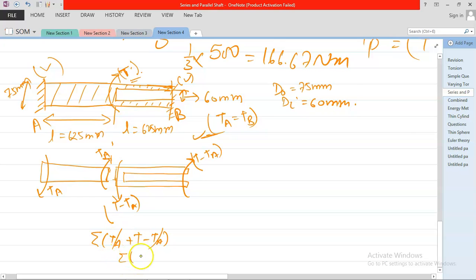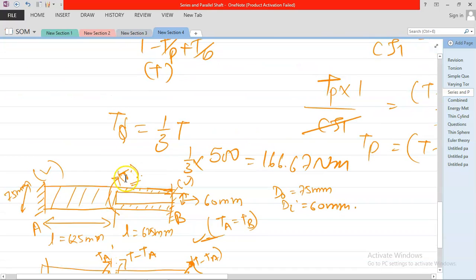So sigma: Ta plus T minus Ta is equal to T. But I think there is some mistake. Sorry, let me erase this. Also no one has said, sir, there is a direction error.